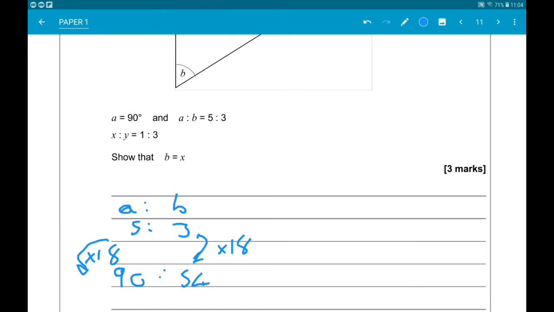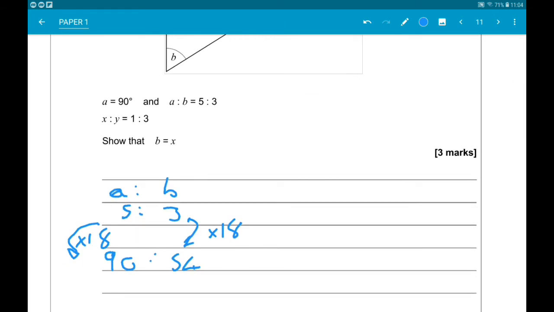That's then going to tell us the sum of X and Y. So 90 add 54 is 144. 360 minus that is going to give us 216 degrees. So we now know together X and Y is 216 degrees.